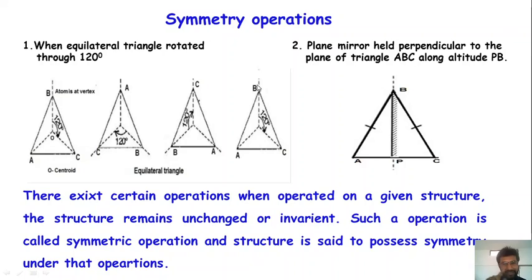So through this 360 degree rotation, we observe there is no change in its structure. The structure of the equilateral triangle remains unaltered.